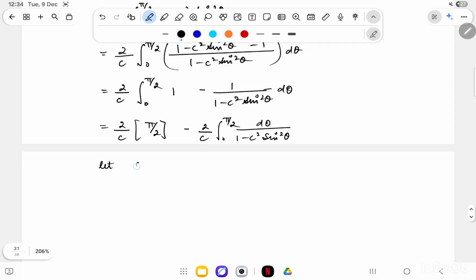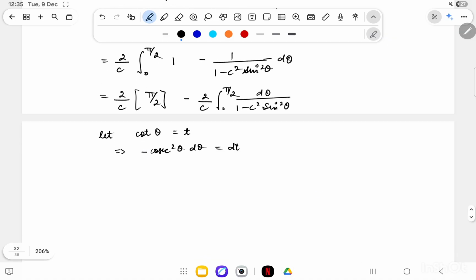So let us put cot theta equals to t, and it simplifies to cosec square theta d theta equals minus dt. So let's see how it further simplifies.